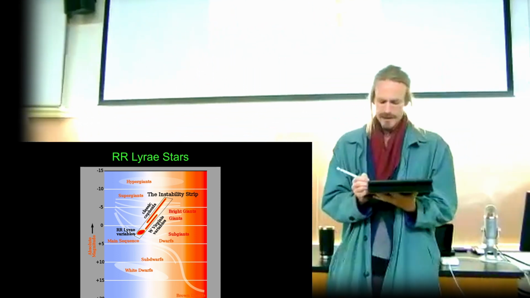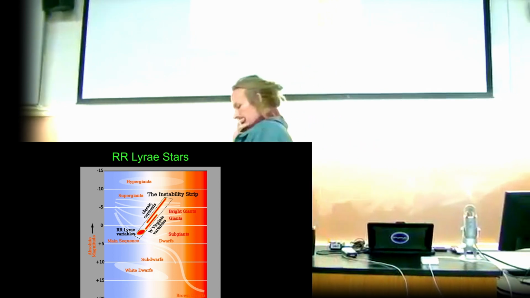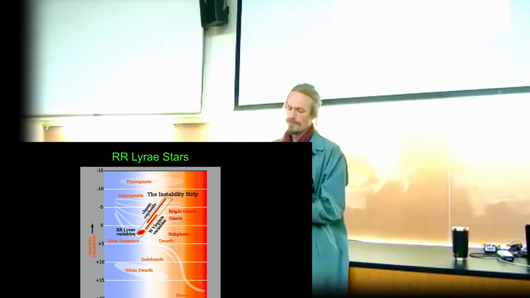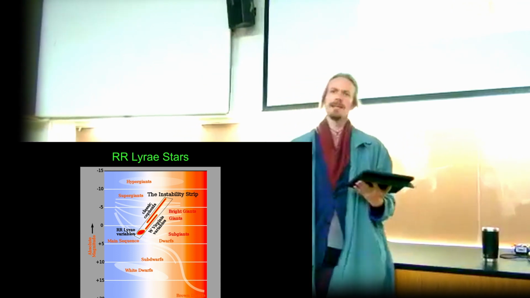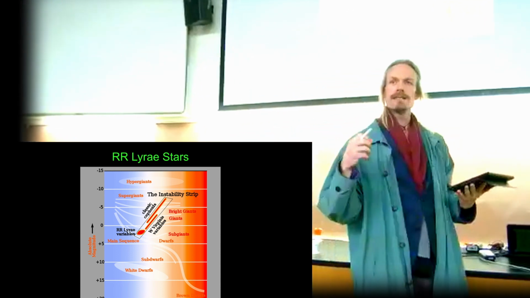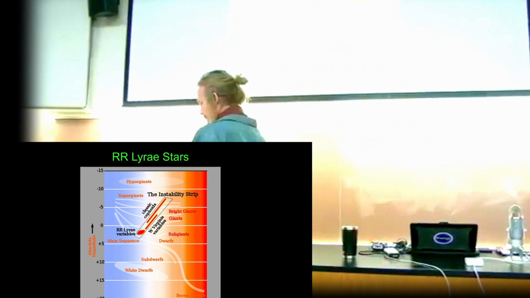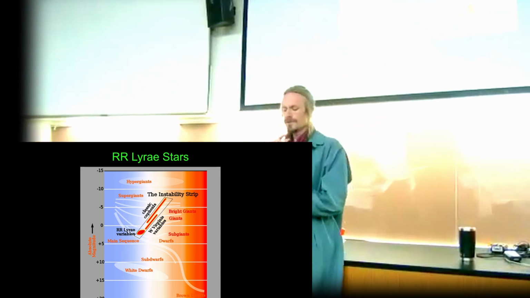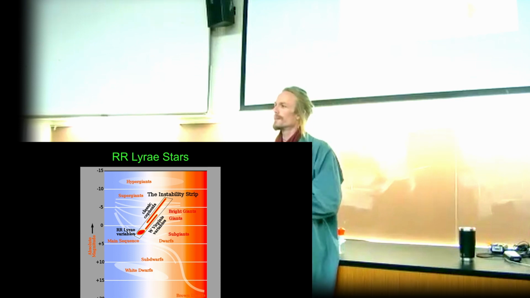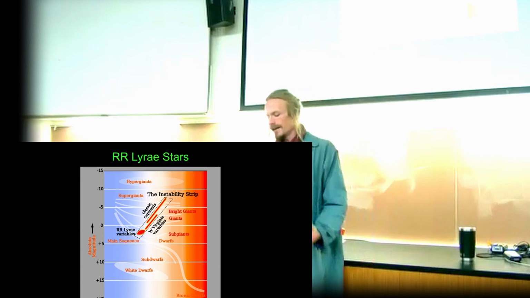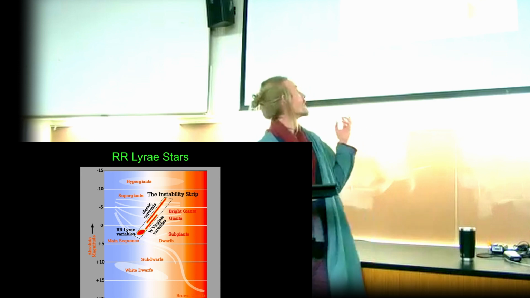What's interesting is that the RR Lyrae are another group of these, and they have a very fast period, less than a day, in terms of how fast they're breathing. This is pretty crazy. And they can usually double their brightness during this contraction phase. And they find that they cluster into a region that has all about the same brightness.